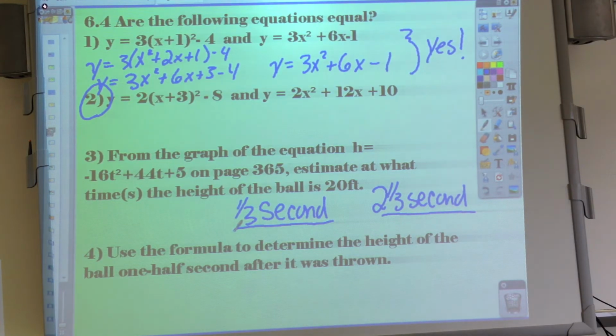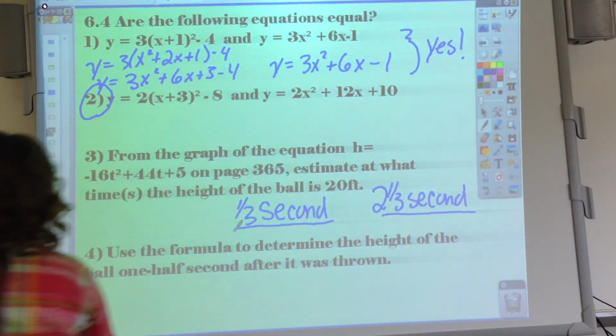All right, we're going to use a formula to determine the height of the ball 1/2 second after it was thrown. So, if we know that the time that has gone by is 1/2 second, to find the height, we're simply going to plug into our formula.